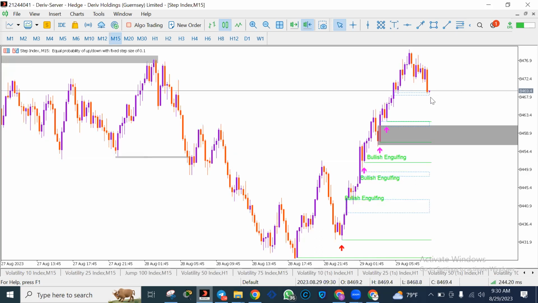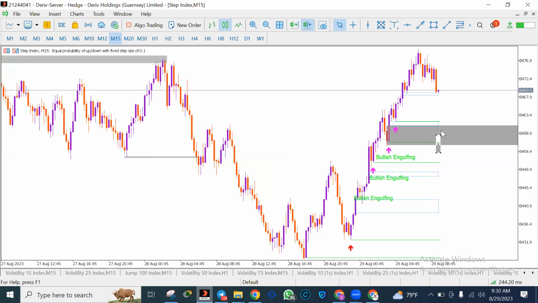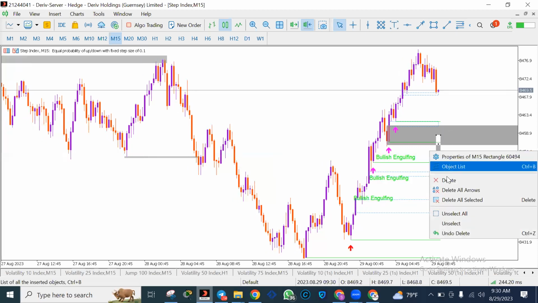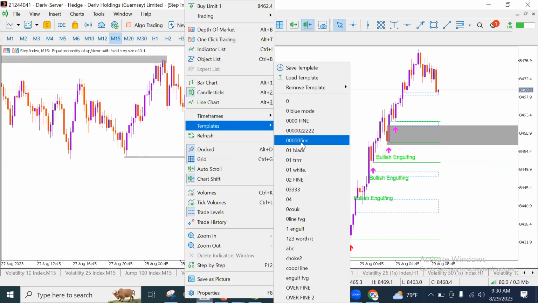So what happens is, if step index falls to this level, I'm going to look out for candle patterns. Remember, it must not go below this line. The moment it goes, I'm not entering. Every reversal that wants to happen should happen neatly here. And possibly, you switch to the other system.